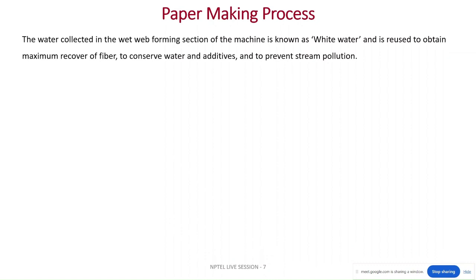So the water collected in the wet web forming section of the machine is known as white water, and it can be reused to obtain the maximum recovery of the fiber because it is very watery. Only 0.5 to 0.75% fiber is there, so we need to reuse the white water more than 1 or 2 times, so there will be maximum recovery of the fiber. It also conserves the water as well as additives and prevents stream pollution.